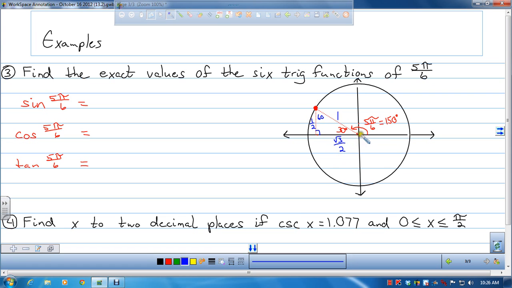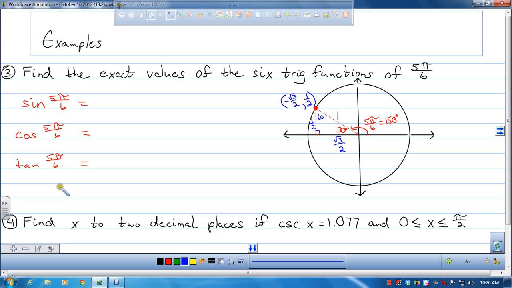Now, when I'm giving the coordinates of this point right up here, my x value, I went left root 3 over 2. So is that positive or negative? I should list that as a negative root 3 over 2 for my x value. And my y value should be 1/2. That's positive.